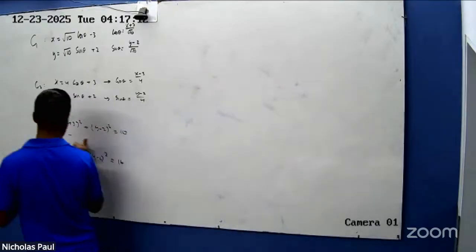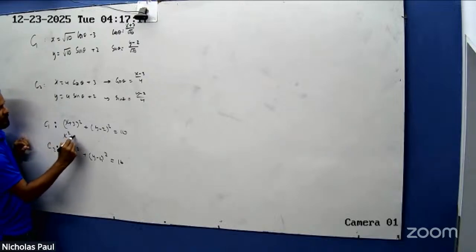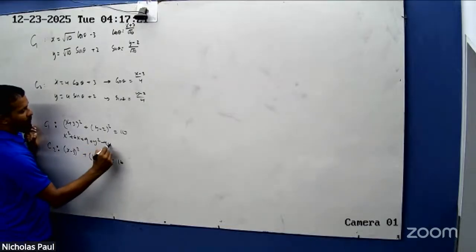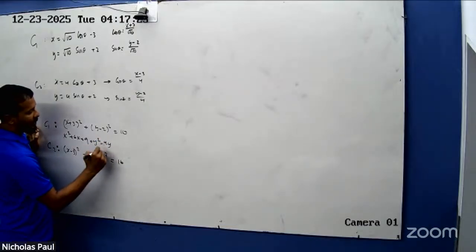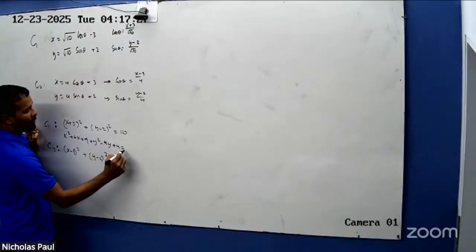Anyway, let me expand it out and do it this way. X squared plus 6x plus 9, y squared minus 4y plus 4.